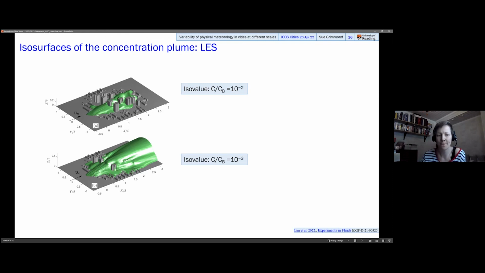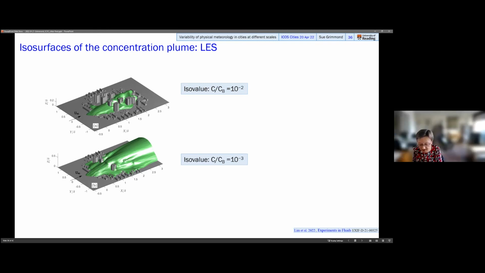Thank you. So, yes and no. The yes is for individual buildings.